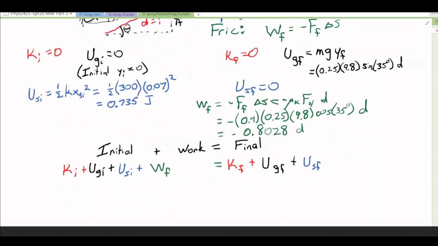So now I can fill in all these details. 0 plus 0 plus 0.735 minus 0.8028 d equals 0 plus, and then I need to multiply those out.